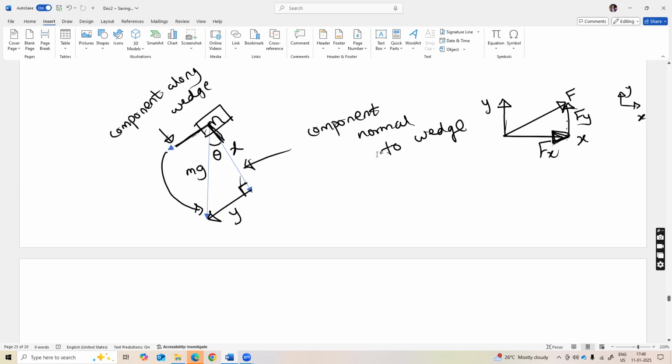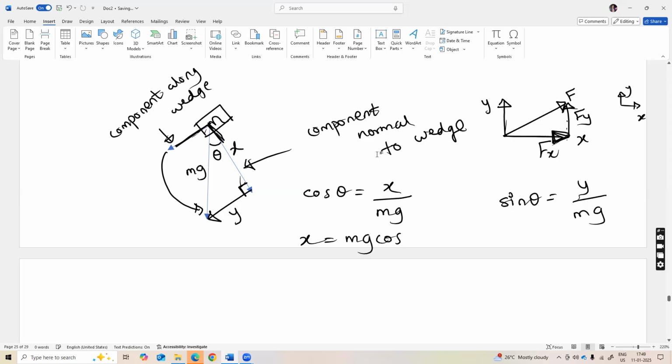Y is opposite to theta, and x is adjacent to theta. Since mg is the main force, it is the bigger one, and it should be the hypotenuse. Is it clear? Yes, sir. So now cos theta will be equal to x upon mg, and sin theta will be equal to y upon mg. So x is basically mg cos theta, and y is basically mg sin theta.